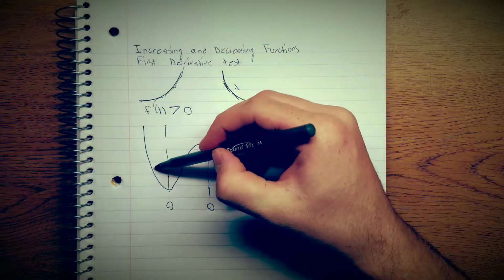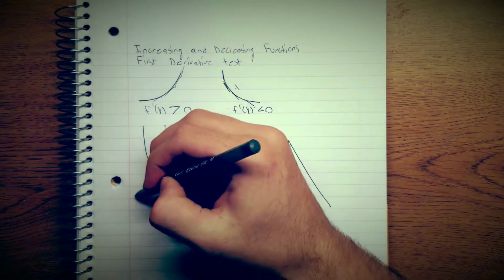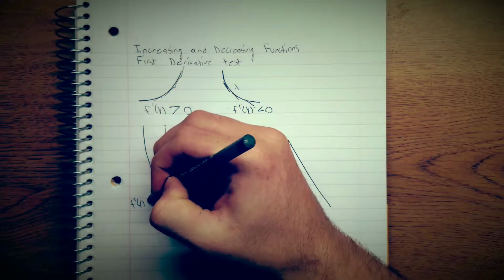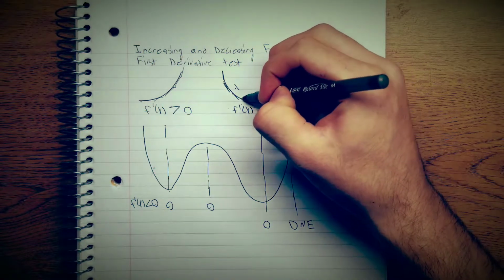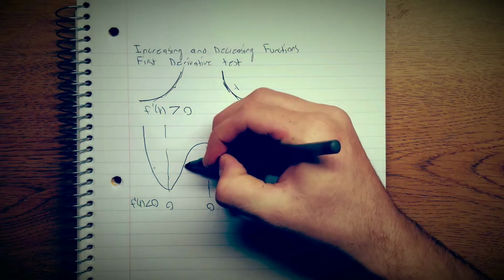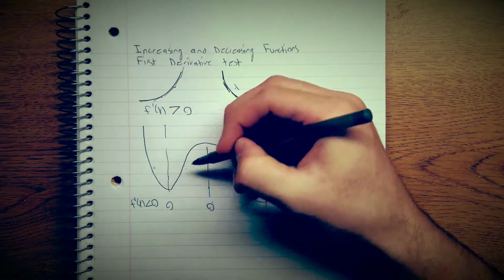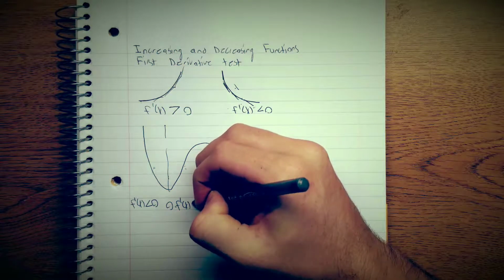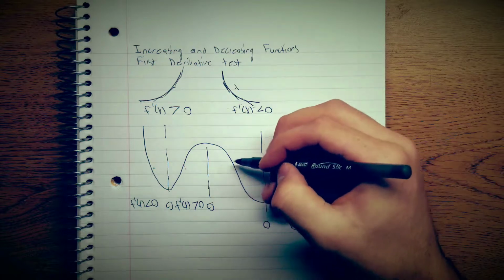So if we plugged a number in here, we would find that f prime of x is less than 0 because it's decreasing. If we plugged a value in between these two x values, we would find that f prime of x is greater than 0 because it is increasing.